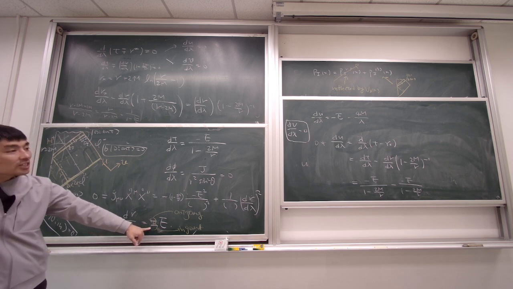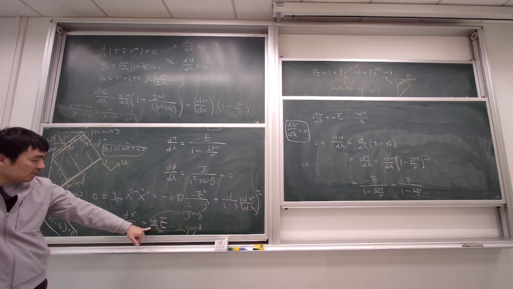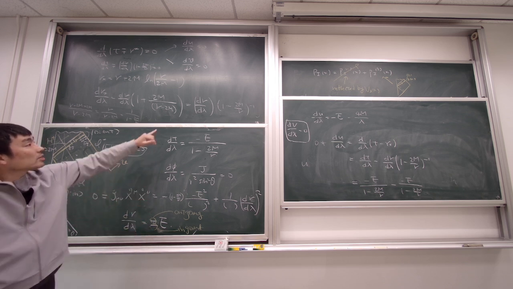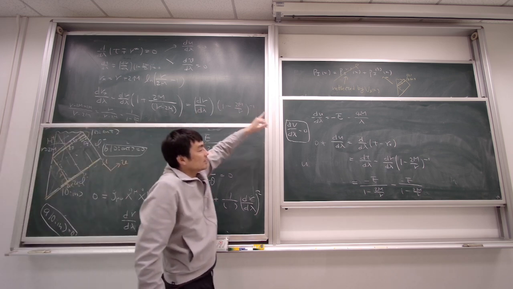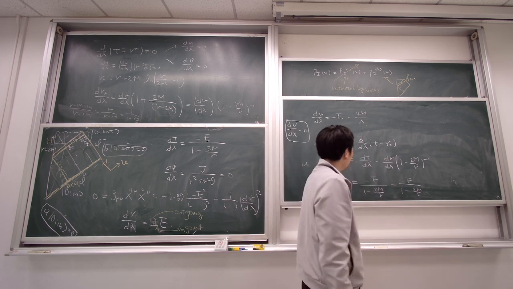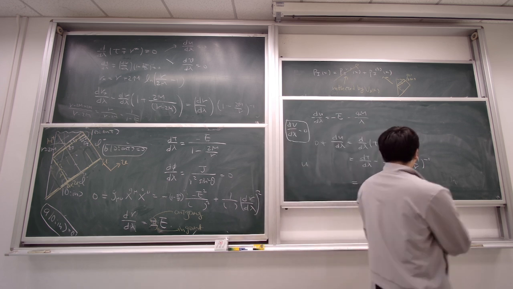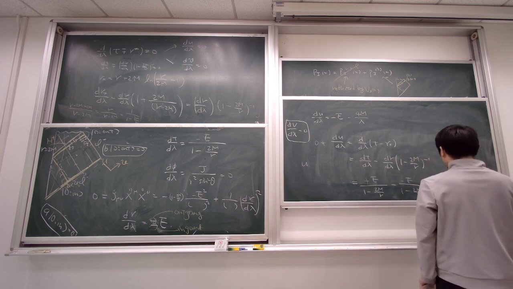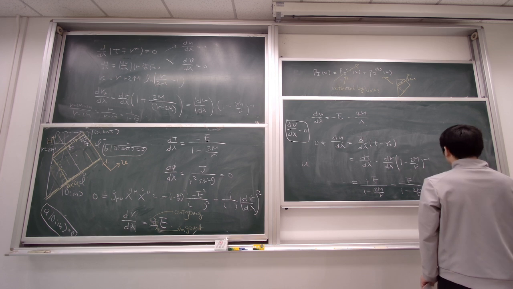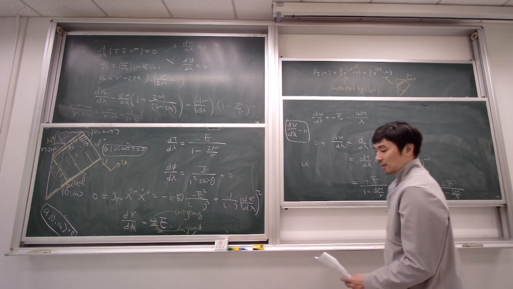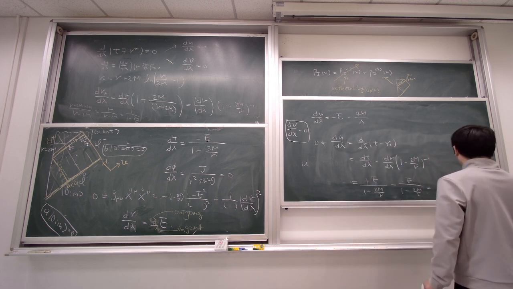The sign is somehow strange. If it is ingoing, it's minus sign. dr d lambda, this is if you take minus sign. Then I think this should be plus. Then it's okay. Then it should be 2e divided by 1 minus 2m over lambda. No, over r.